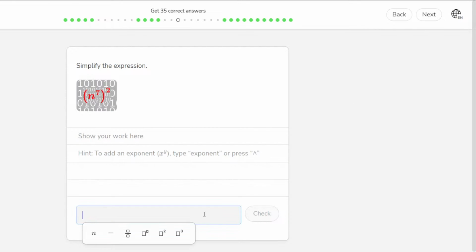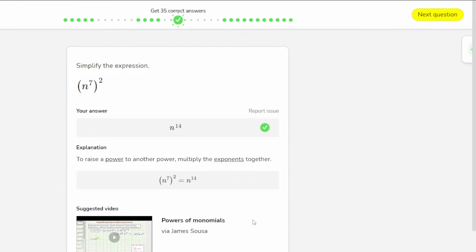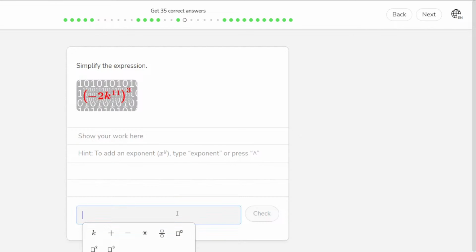Okay. That's N to the 14th. That's negative 2K to the 33rd.